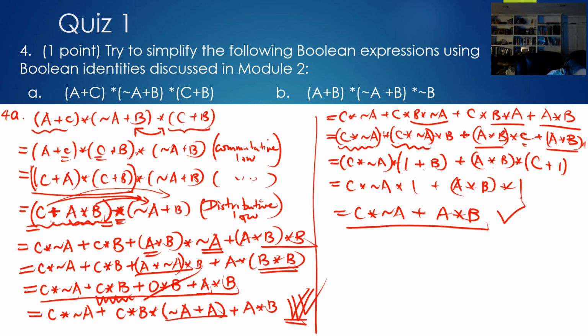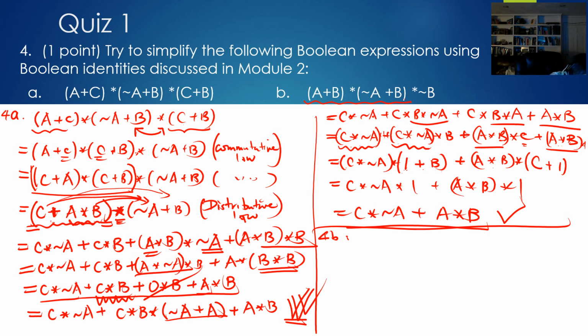Now, I think the second one is relatively easy, and most people got this result correctly. So 4B. Now, if you look at this, it looks like you can use the distributive law, right?